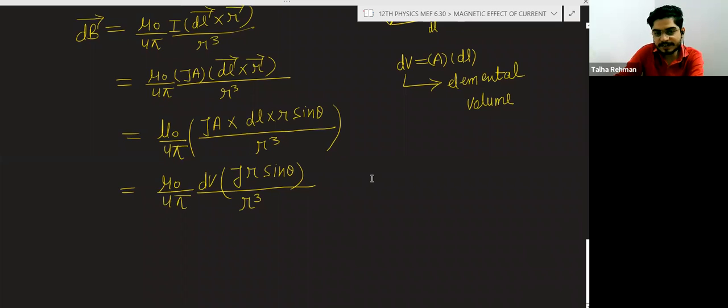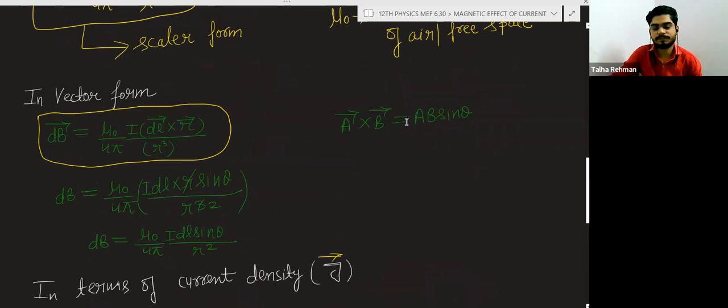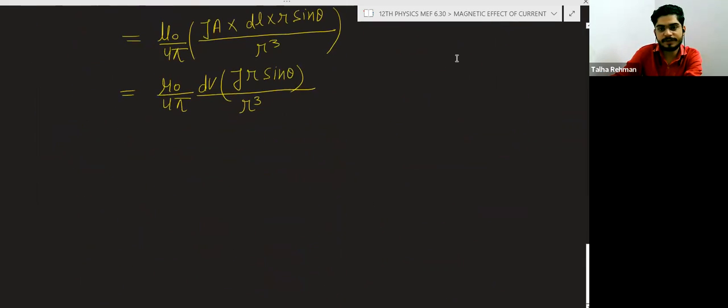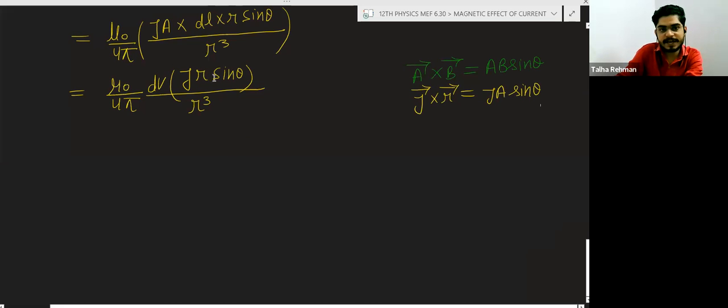So this J r sine theta can be written in the form of J cross r. See this formula, this is the cross product, otherwise you will get confused how I have written it. I can write J vector cross r vector as J r sine theta.